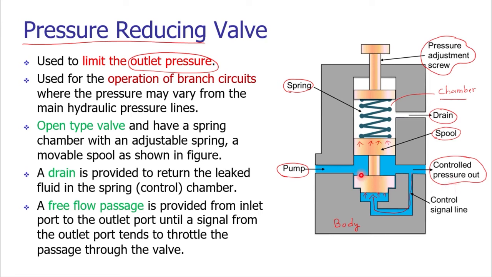The meaning is that continuous flow is allowed, but in case there is an increase in the pressure at the outlet, we need a control signal. That signal makes the throttling of the fluid, that is, reducing the pressure of the fluid inside the system.